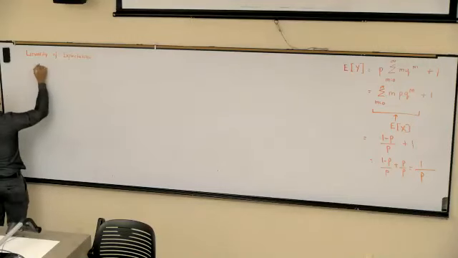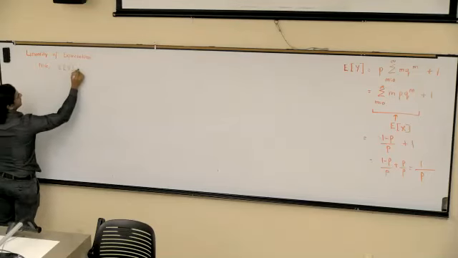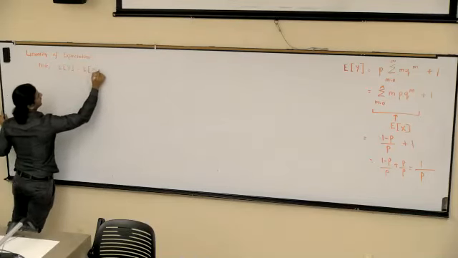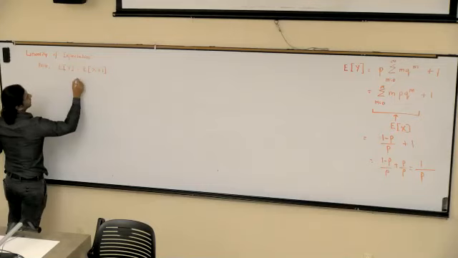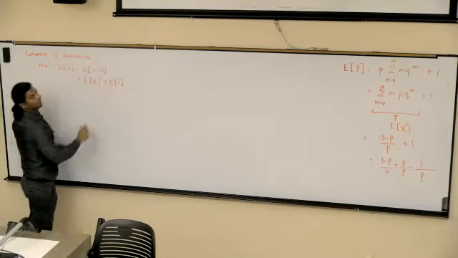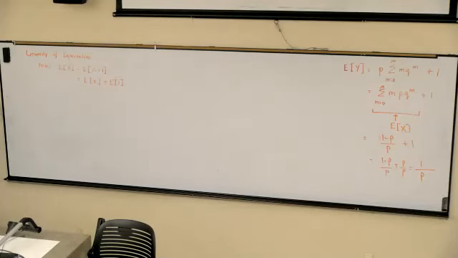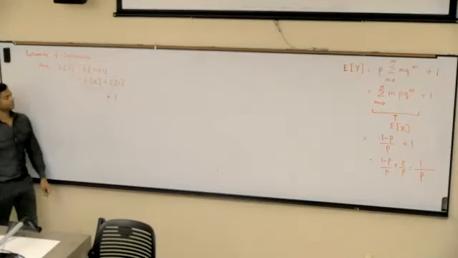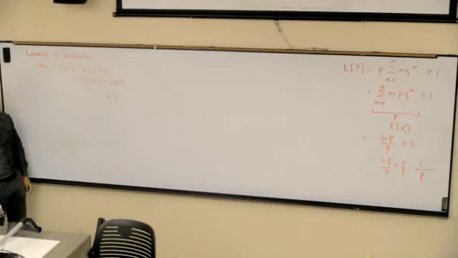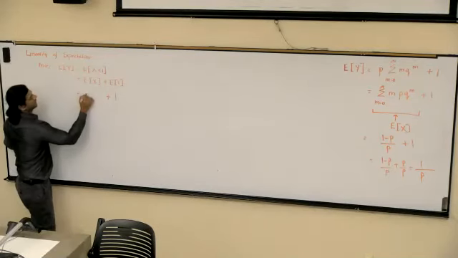So if you know expectation of y is expectation of x plus 1, which would mean expectation of x plus the expectation of 1. Expectation of a constant is the constant itself because expectation applies only for random variables. So plus 1. We know the expectation of x, so we'll just keep it as is.